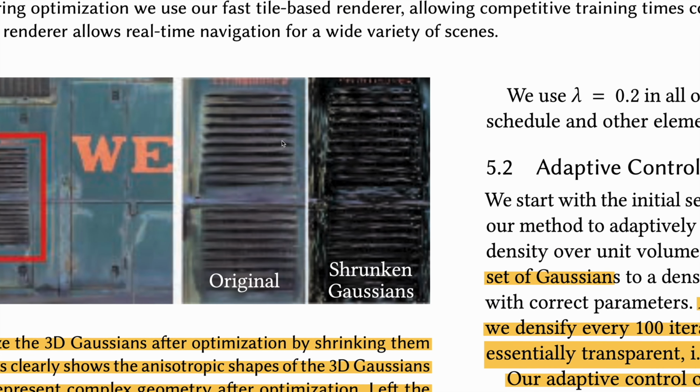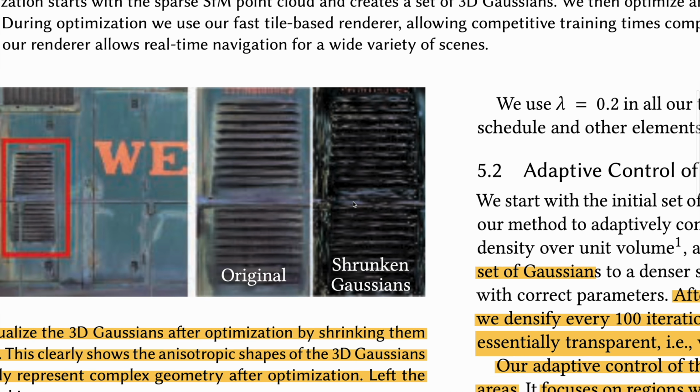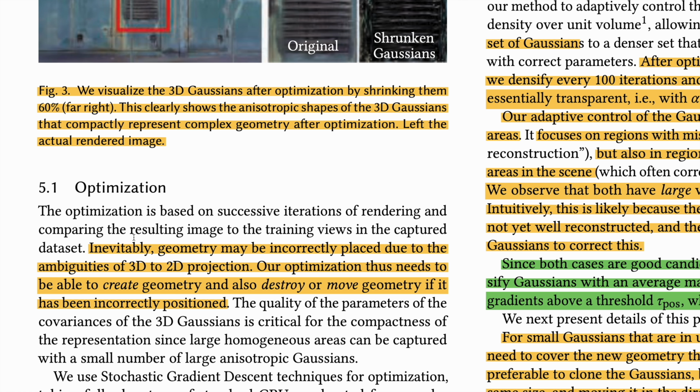We will see in the ablation. Basically, here we see that it's a proven fact that after optimization, the Gaussians are anisotropic. But still, they will do an experiment later in the ablation, and we're going to have a look at that. It shows that when you constrain the Gaussians to be isotropic, you get worse results.